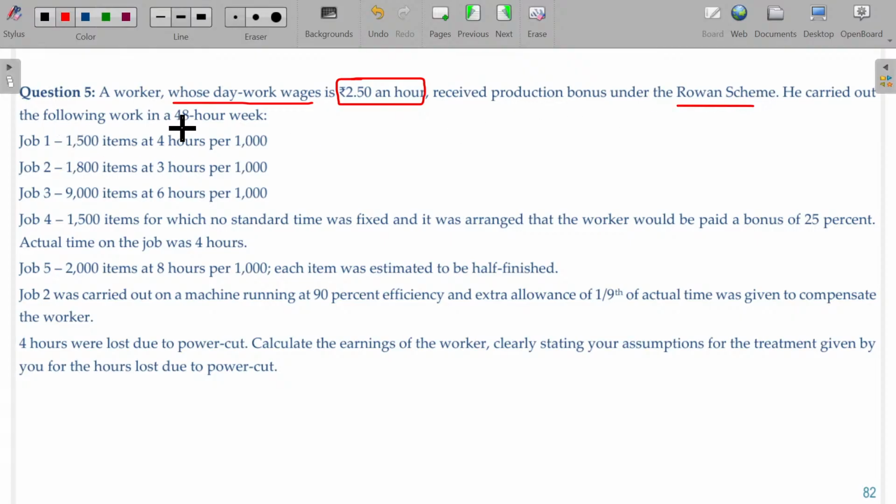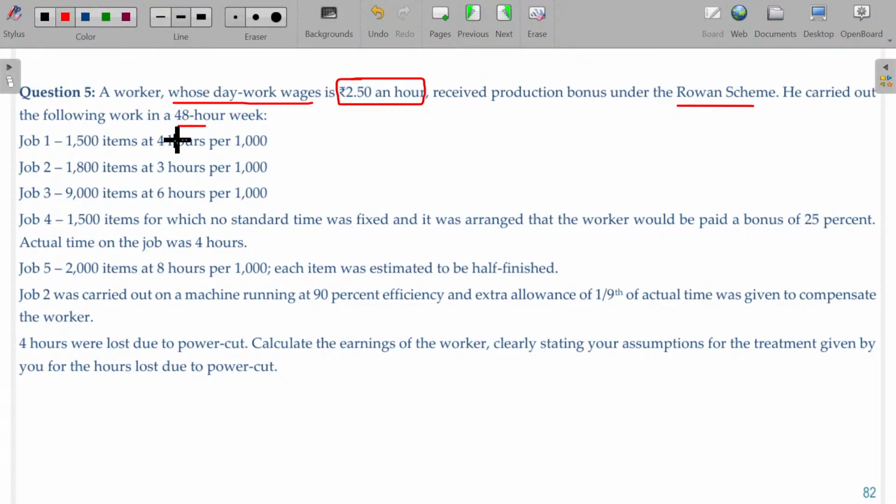He carried out the following work in a 48-hour week. So we have to follow the Rowan scheme, 2 rupees 50 paise per hour. This is also one of the interesting illustrations asked in the examination. Whatever the Rowan and Halsey you have studied, those ideas are applied here for the calculation.